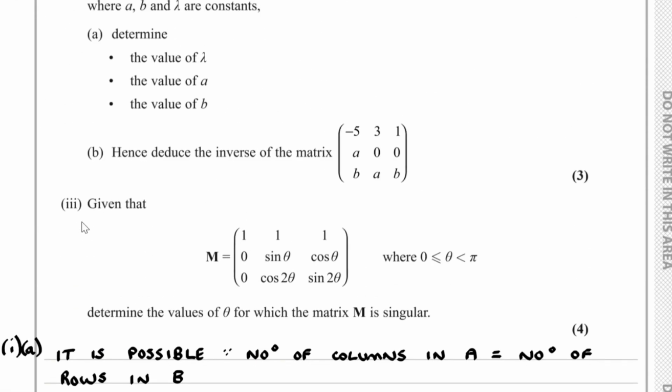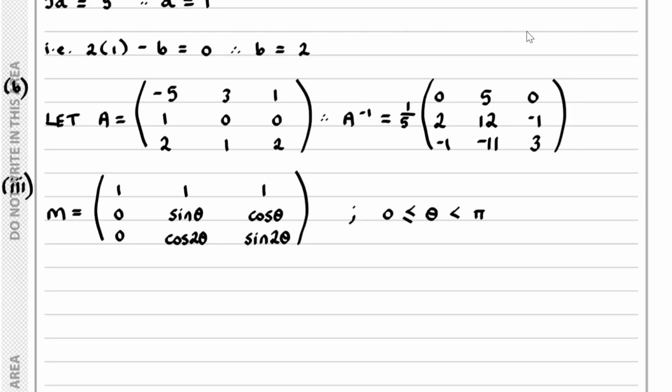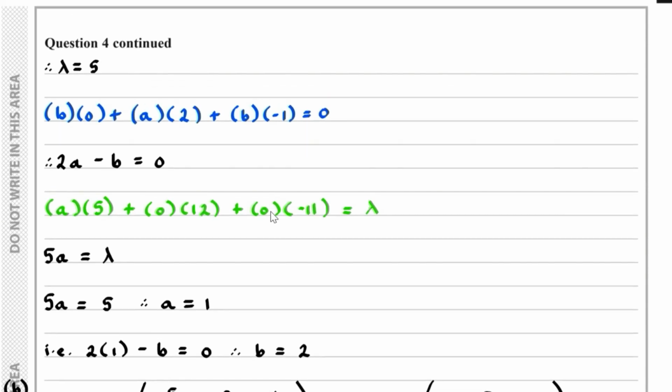And now for the third part, we're given this matrix M, which is equal to 1, 1, 1, 0, sine theta, cos theta, 0, cos 2 theta, and sine 2 theta, where theta is in between 0 and pi. We have to determine the values of theta for which M is singular. So we've got this matrix M over here.